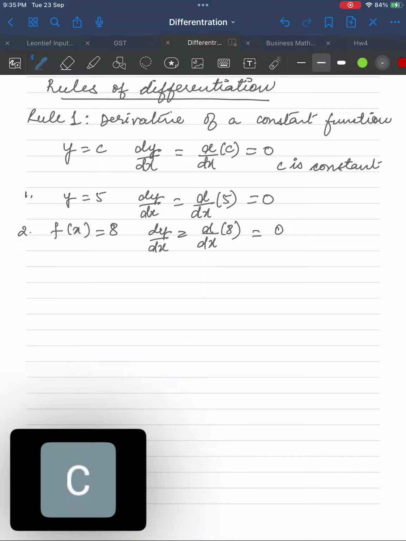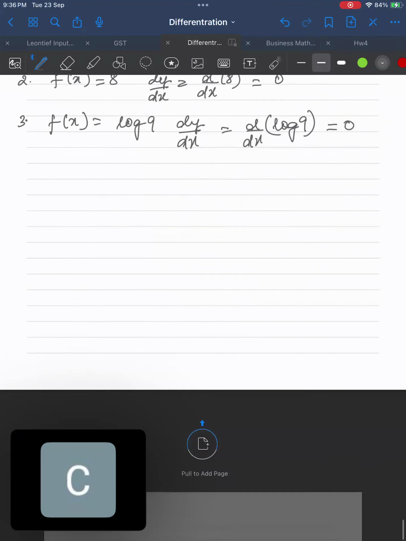Is it clear? Suppose I say log 9. Its dy by dx, I can do it like this: d upon dx of log 9. Log 9 is a constant, so it would be 0.